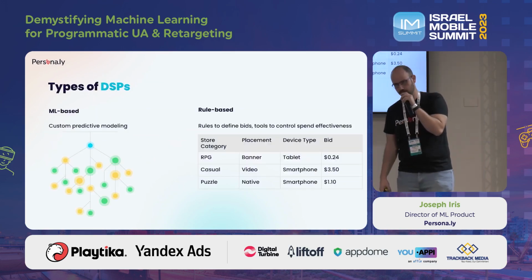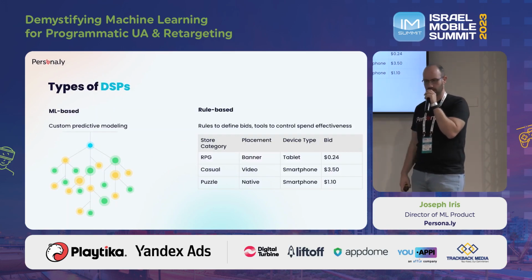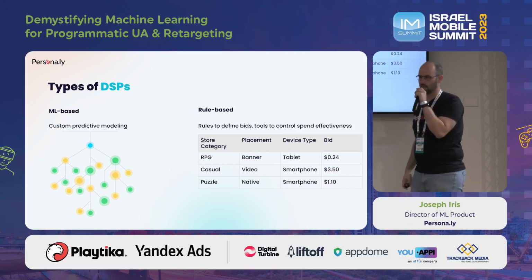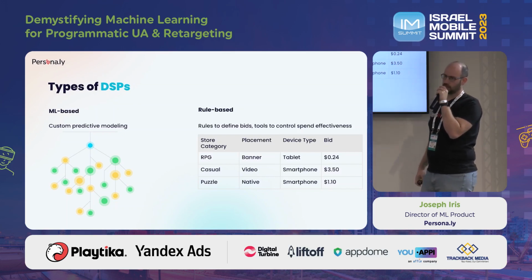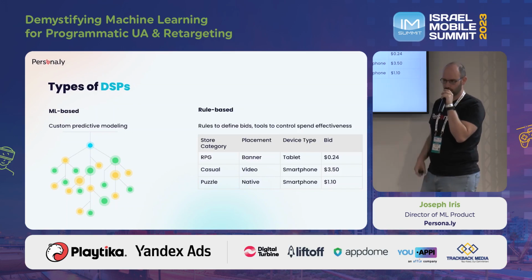When you're looking at DSPs for UA, there are many different ways to categorize them. I chose this one, I think it's the simplest. You have many self-service platforms and managed platforms that basically don't really use machine learning at the impression level. Decisions are still made based on a combination of different features.